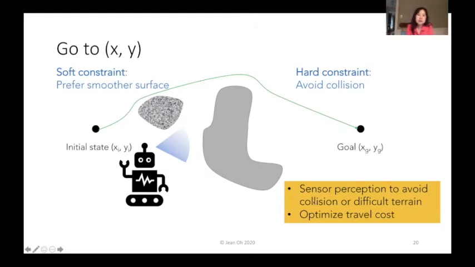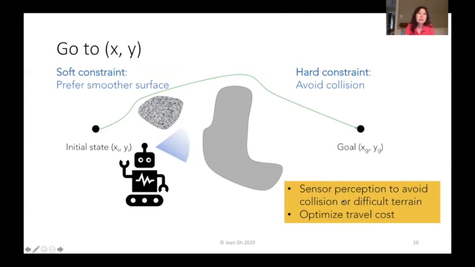So how does the robot do this type of thing? The robot uses sensors to perceive the environment to avoid these difficult obstacles, or to try to avoid challenging terrain. And the overall objective is to optimize the travel cost.